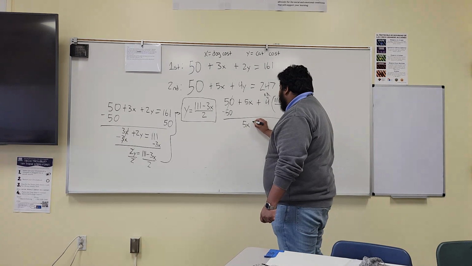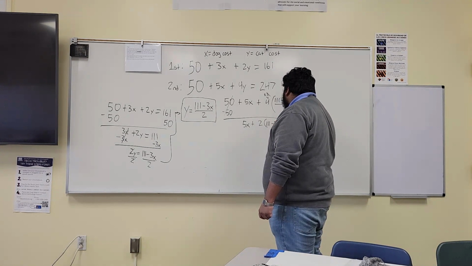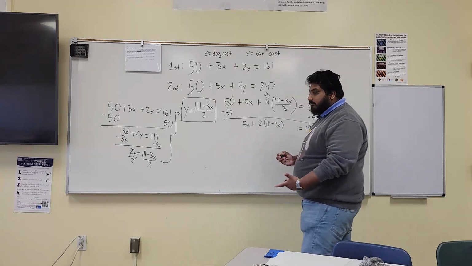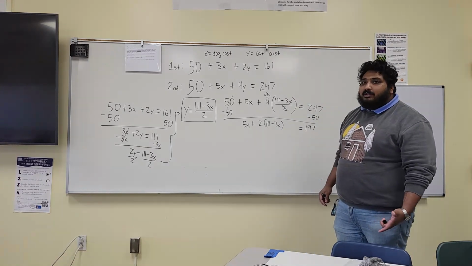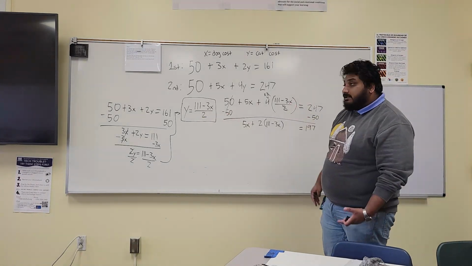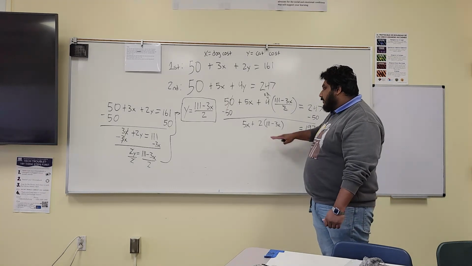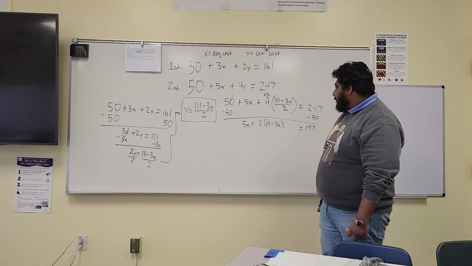So instead, we're going to get 2 times 111 minus 3x. Look at that. Fraction's gone. And we didn't have to do anything. We kept it as a fraction, and now it's disappeared. Sometimes we get lucky like that. Sometimes you have to rearrange it, but in this case, we got lucky.